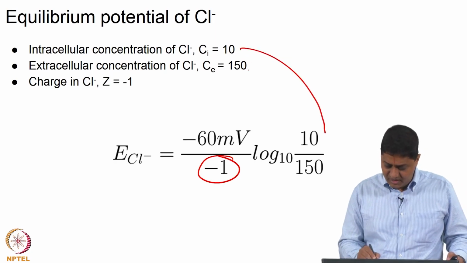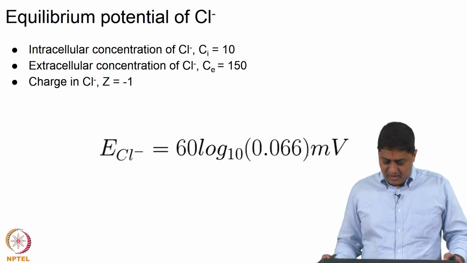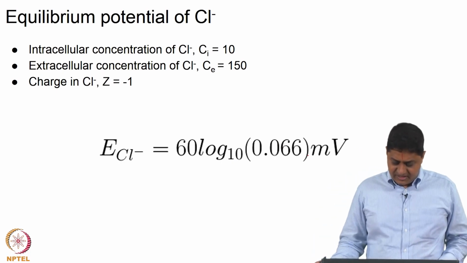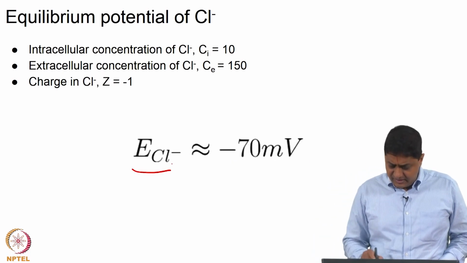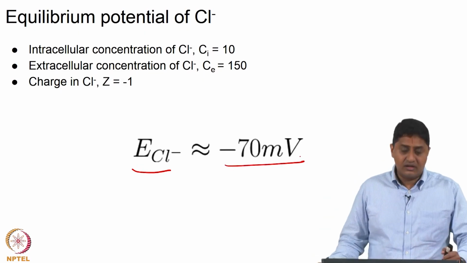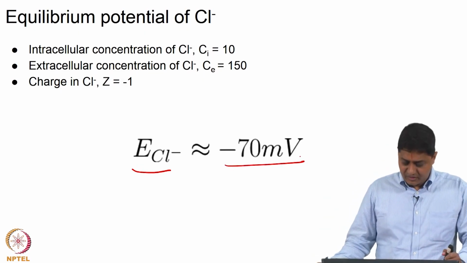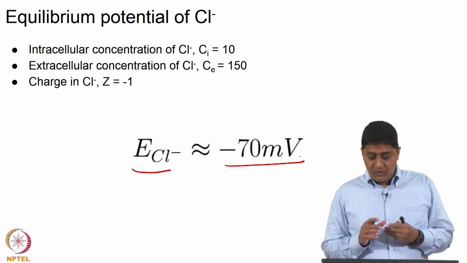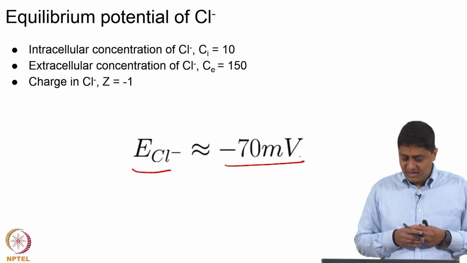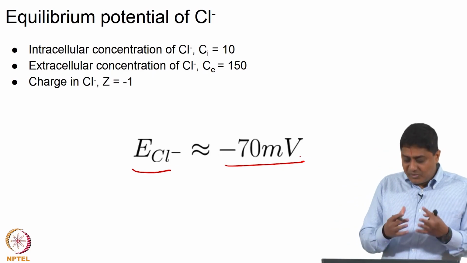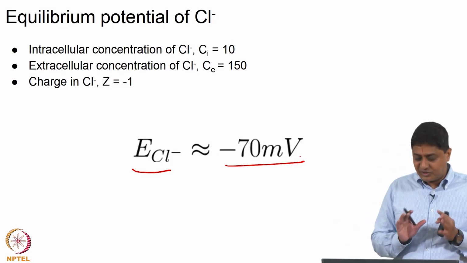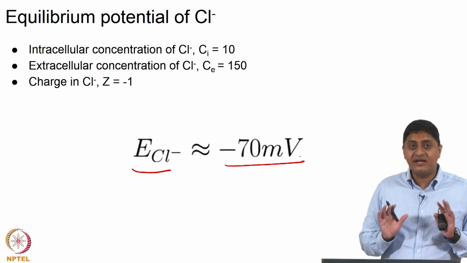I am substituting 10 there and 150 there, right, and that will basically give me the equilibrium potential for chloride as minus 70 millivolts. Once again this is the value. This is the potential that the chloride ion would like the membrane to have, because at this potential the chloride ion does not have to make any movement.